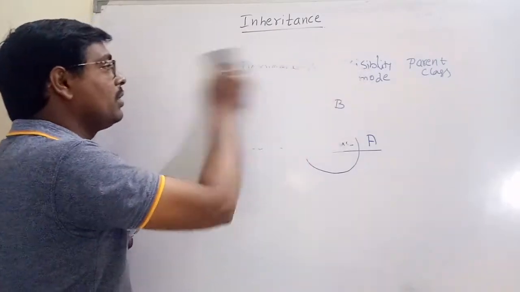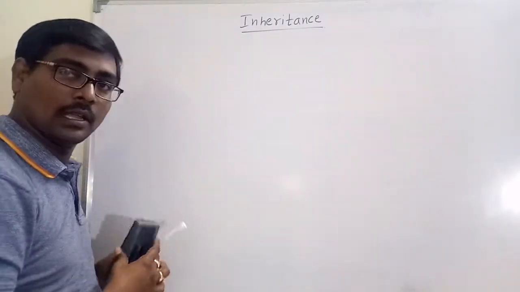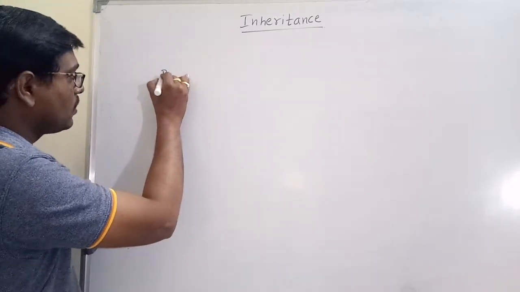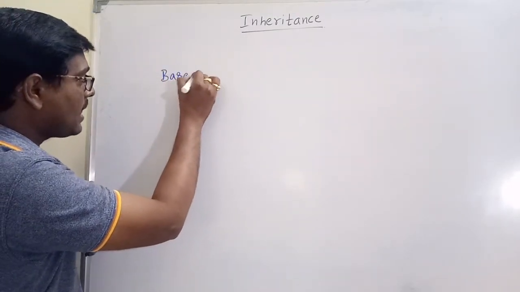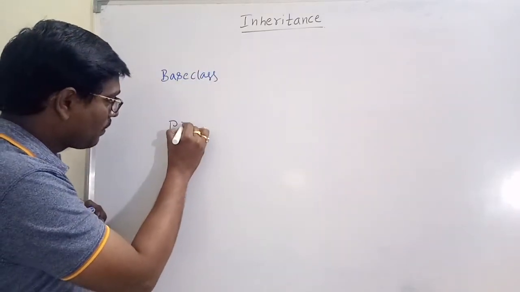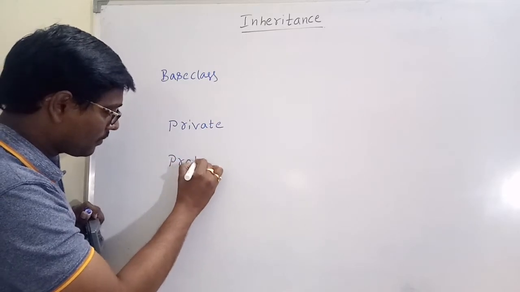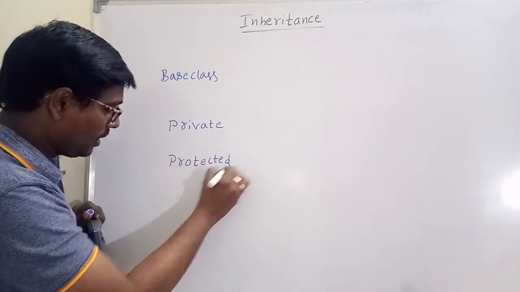Now the very important topic is visibility mode. For example, consider the base class. We have three visibility modes: private, protected, public.